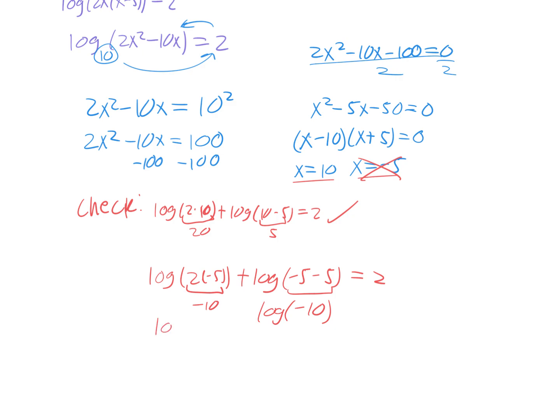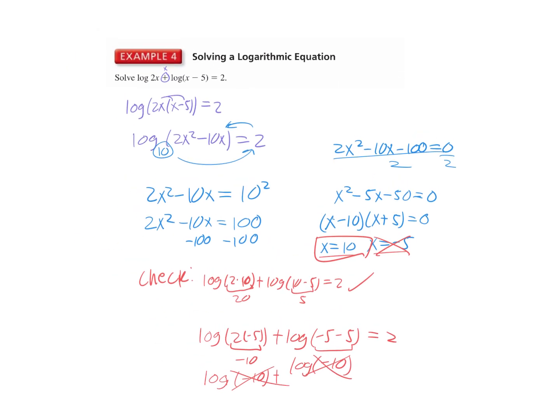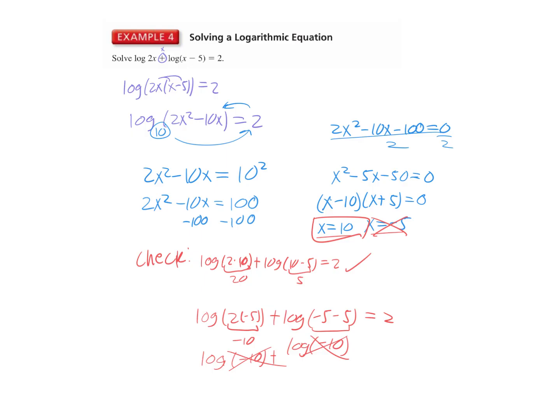It doesn't really matter if it's one and not the other. As long as there's a negative, it's not going to work. Because we have a negative inside of our log, that is not allowed. So our only answer here is 10. That's the only little difference between these kinds of quadratic equations and ones that you've done before: you want to check, plug in your answer and make sure that it works.